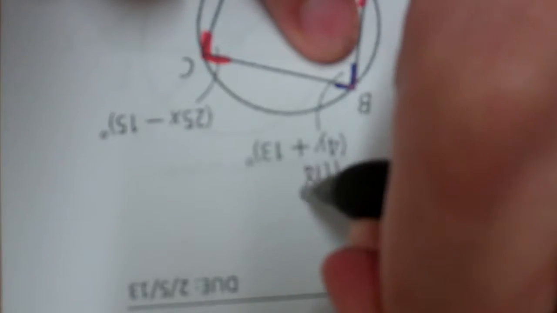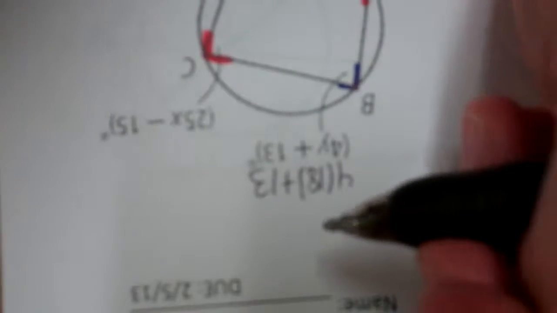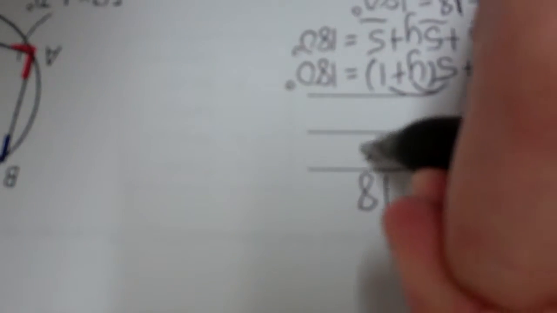So now they're asking for the measure of angle B. This is angle B, so I'm going to plug in 18 here. So 4 times 18 plus 13 is going to be 85 degrees. So angle B is 85 degrees.